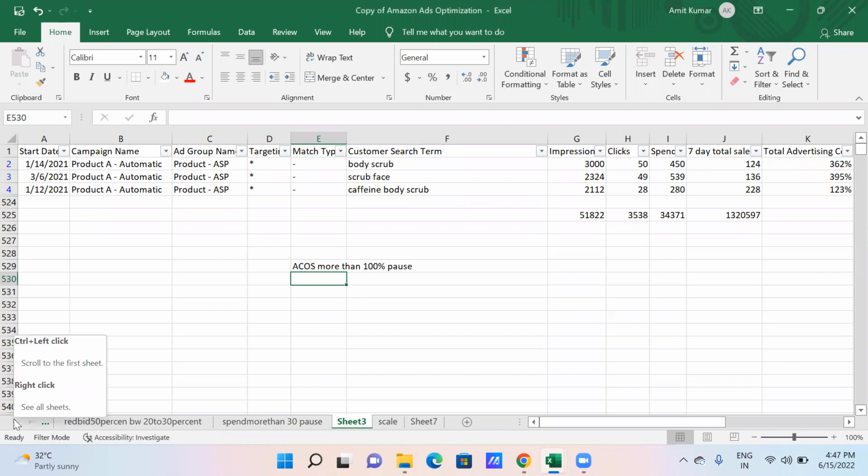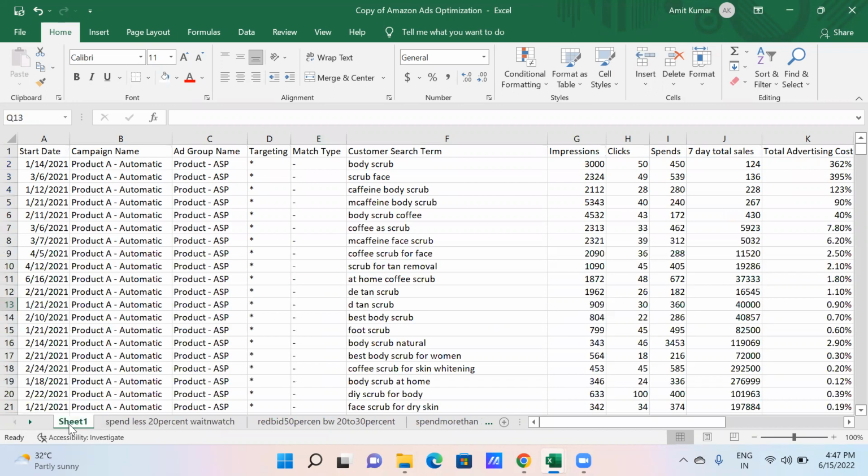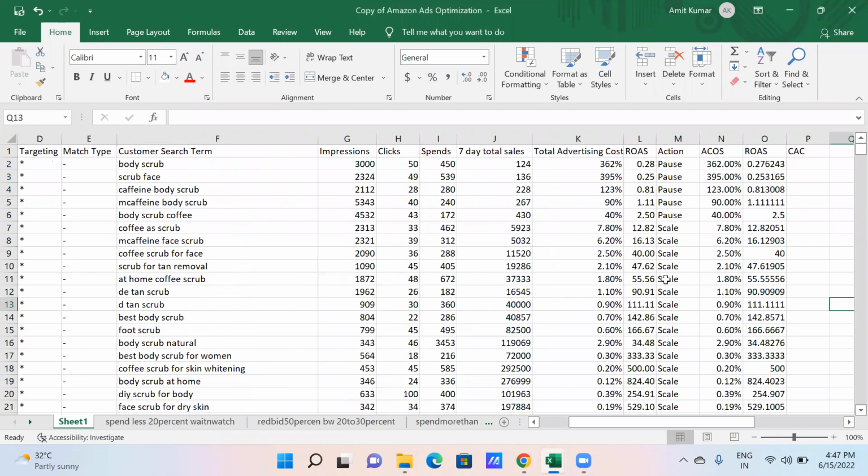Hi everyone. So this is the week 6 project. To start with Task 1, where we have been given this Amazon sheet, the first thing to do here is to check the ACOS. Anything more than 100% is avoidable as per the instruction.